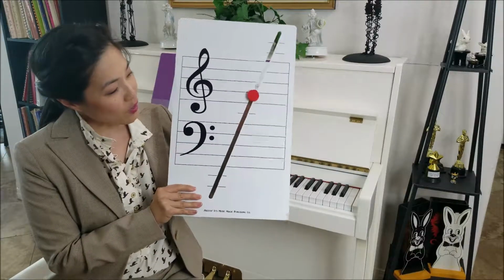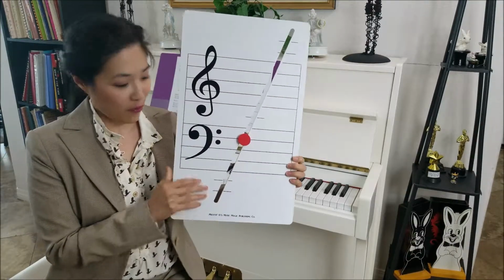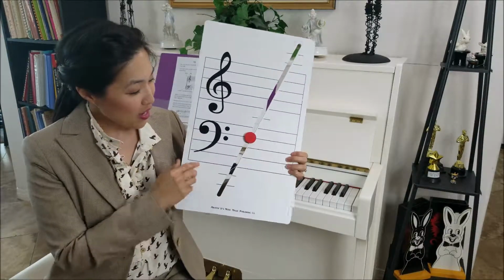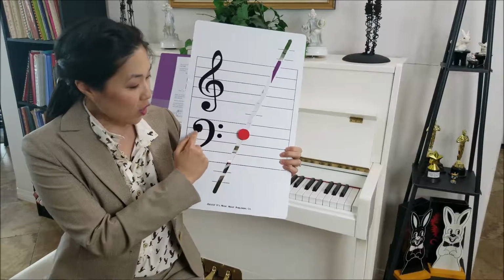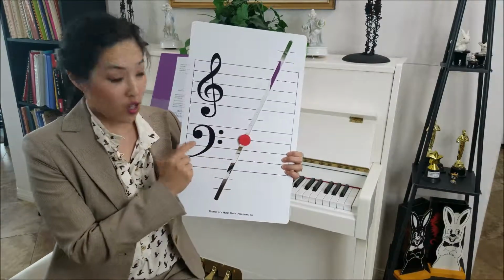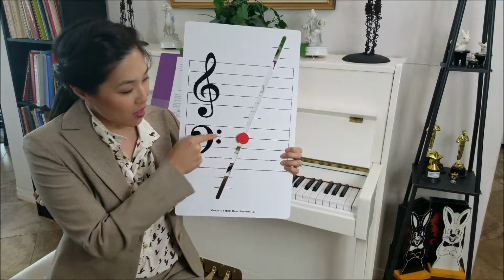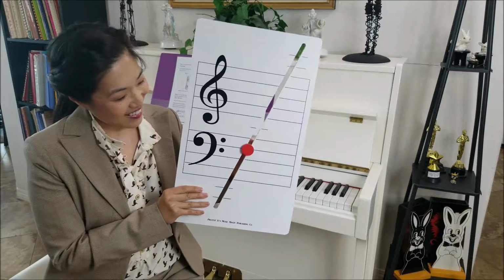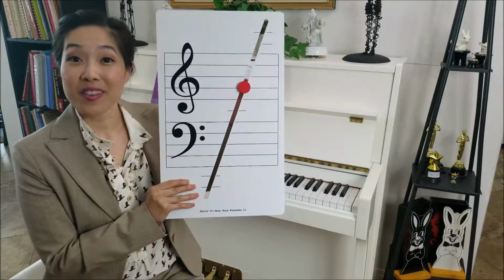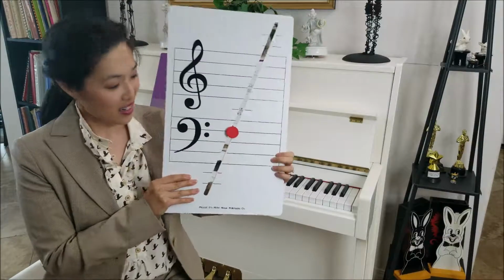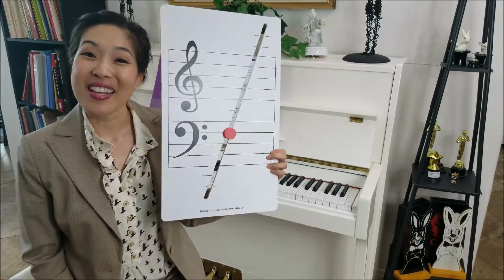And then down here, we have the bass clef. We call that the F clef, right? Because it kind of looks like an F too, look. But these two dots are centered around this line, the second line from the top, and that line is F. So we have G, the treble clef, and we have F down here, the bass clef.